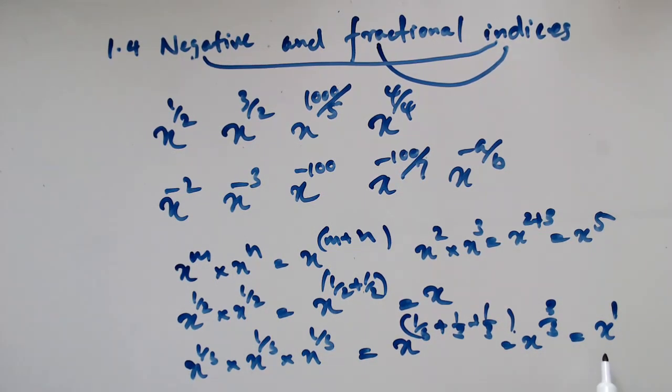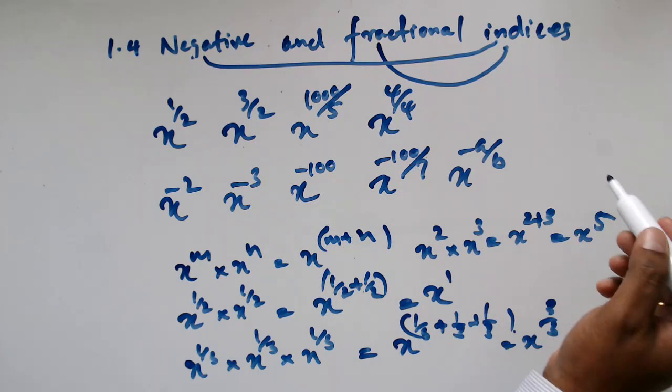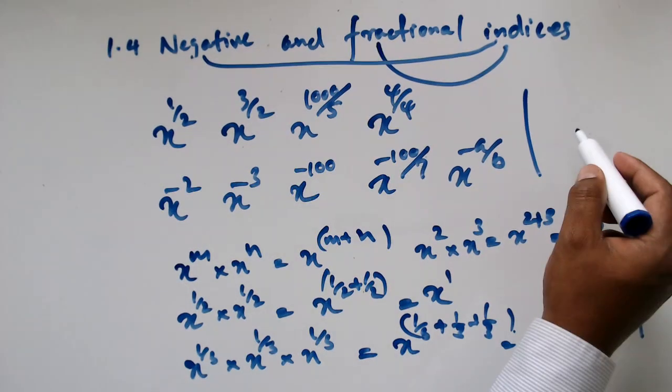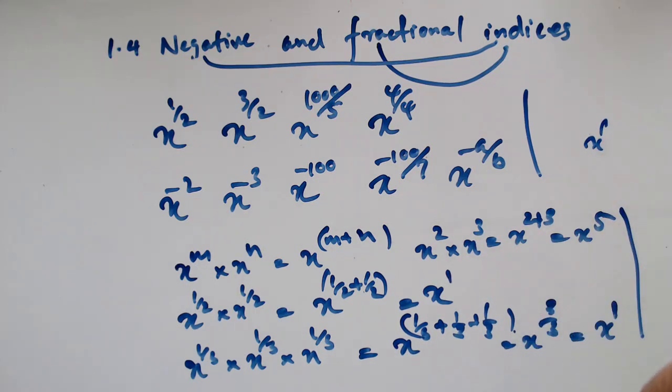Now we can see that this is also x to the power 1. I can write x to the power 1 as x^(1/2) times x^(1/2), or x^(1/3) times x^(1/3) times x^(1/3). Then how can you write x to the power 1 in terms of n?